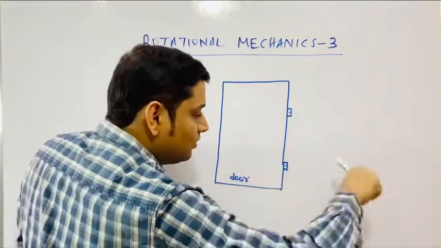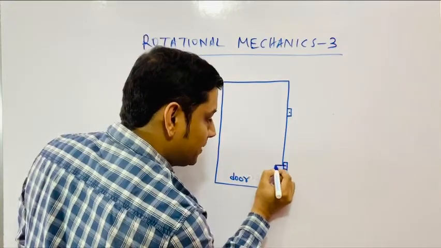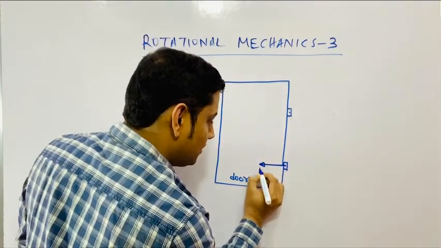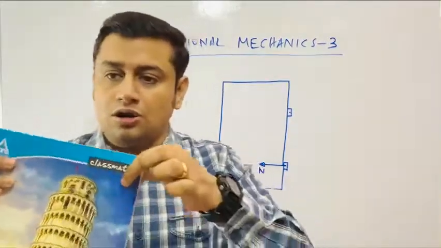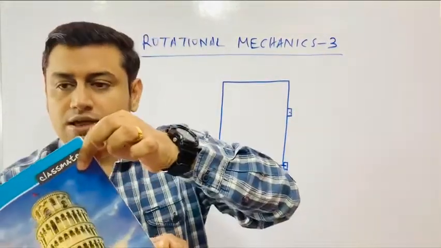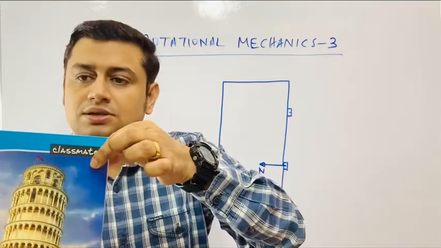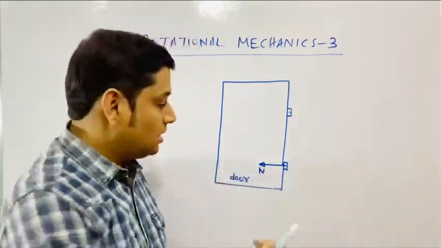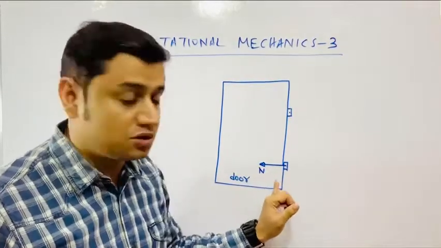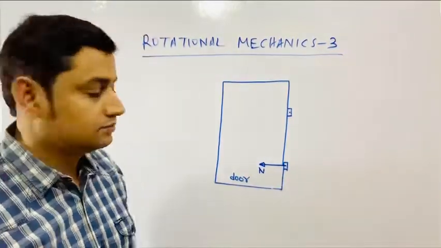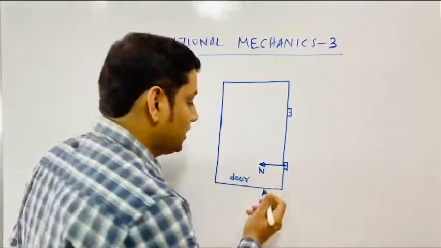It was trying to move anti-clockwise, so this hinge must be pressing it in this direction, by a normal force. So this door experiences a force of push from this hinge. Call it Nx.